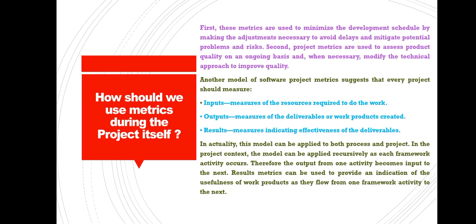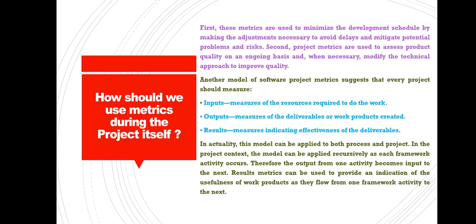In actuality, this model can be applied to both process and project. In the project context, the model can be applied repetitively or recursively as each framework activity occurs. For every framework activity that occurs, we need to apply the same task repetitively. Therefore, the output from one activity becomes input to the next activity.